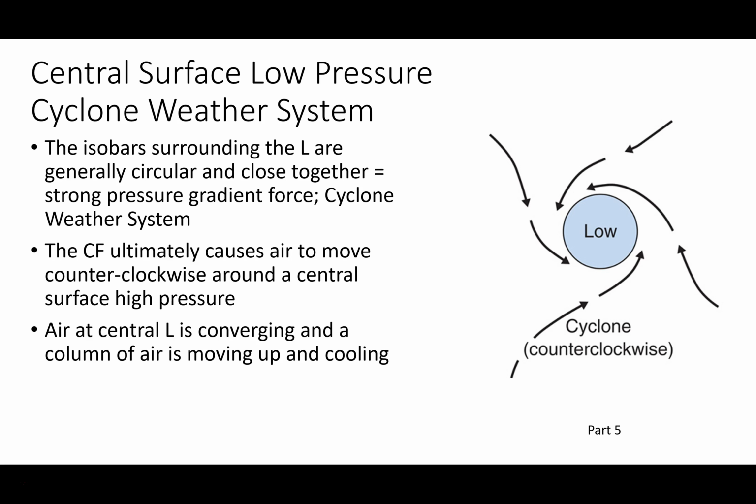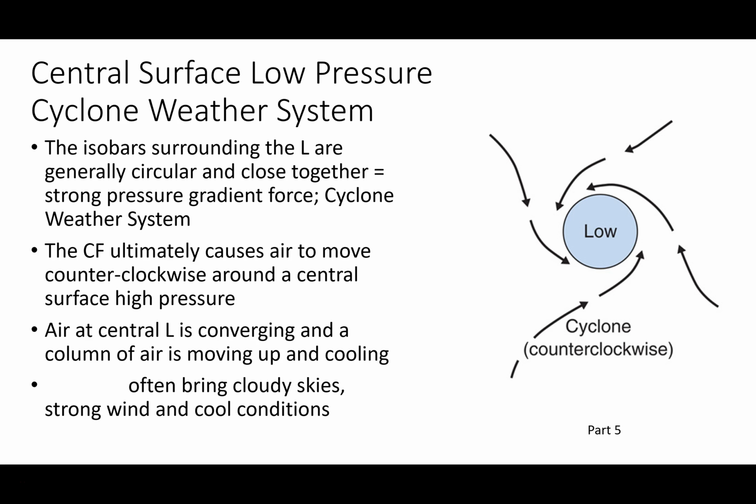And anytime you can get air moving up, you can get it to expand and cool and create clouds. So with central low pressures on a weather map, cyclones, we should look for generally cloudy skies, maybe some strong wind because of those tight isobars, and relatively cool conditions. So those are, generally speaking, what you've got going on there.